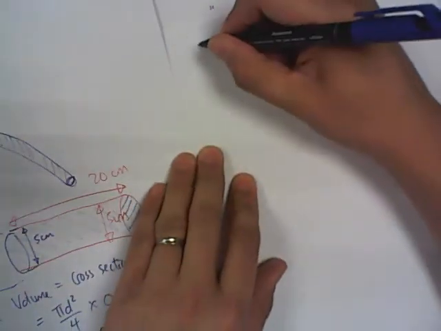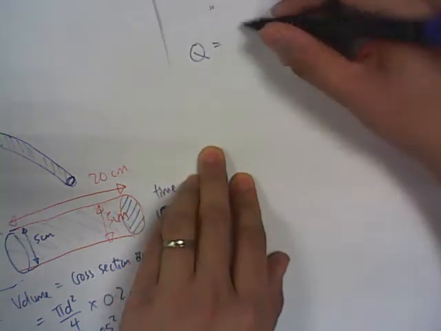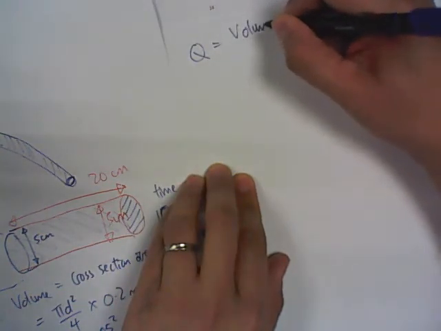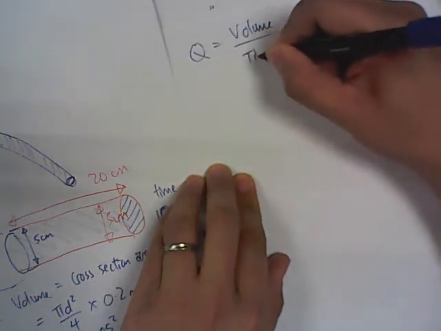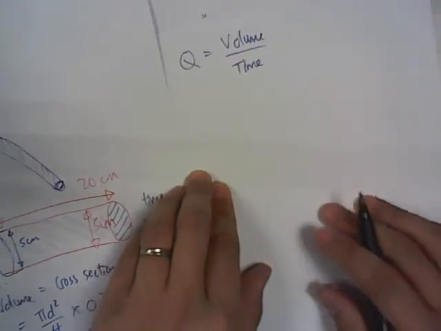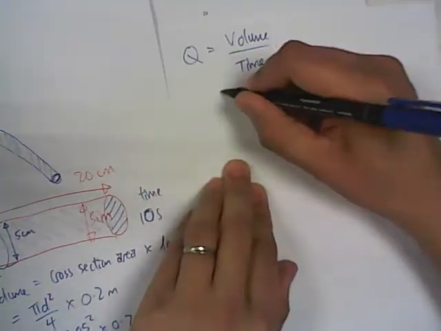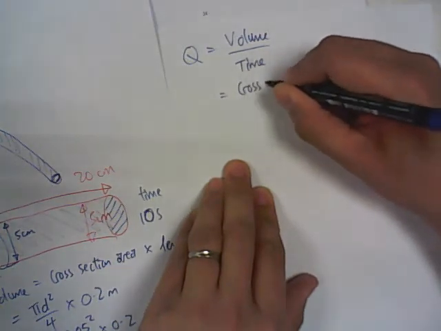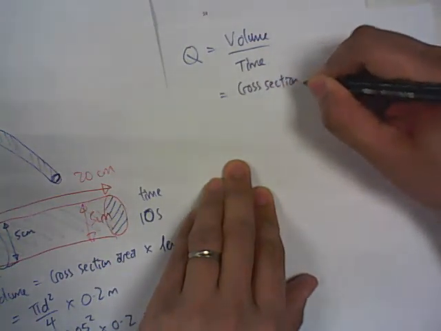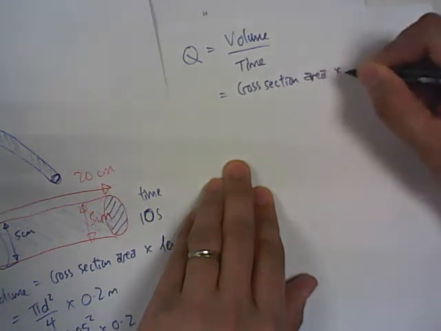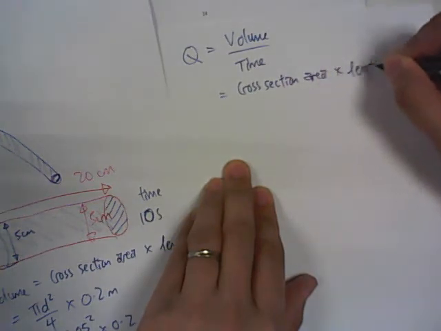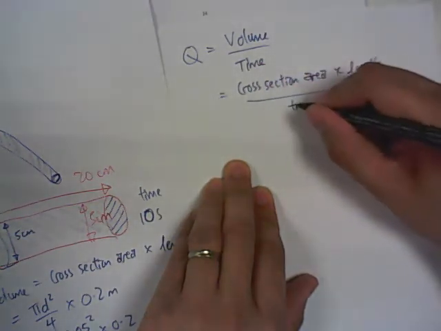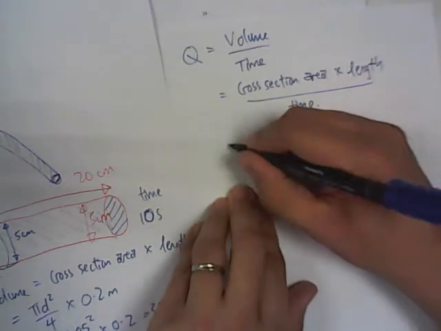So, to summarize, my volume flow rate is volume divided by time. But you should also see that the volume, like I say, is cross-section area times length over time.